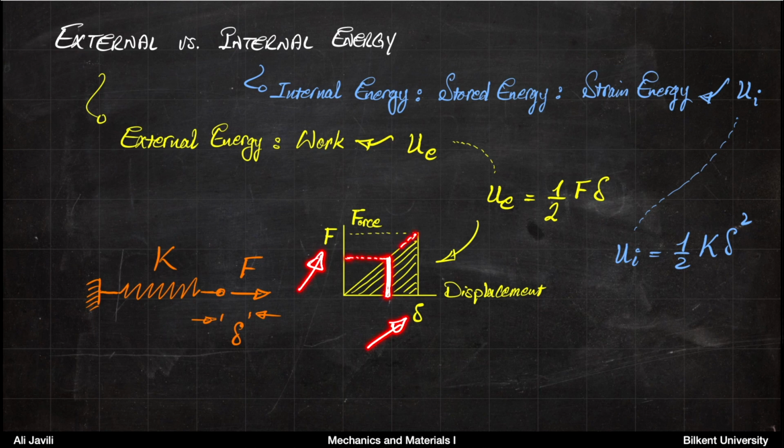So the force displacement relationship would be the line here. This is the force displacement relationship function, and the integral of that line, or the area under that line, would be the external energy. So that external energy is then 1/2 times F times delta. This is the area of the triangle.